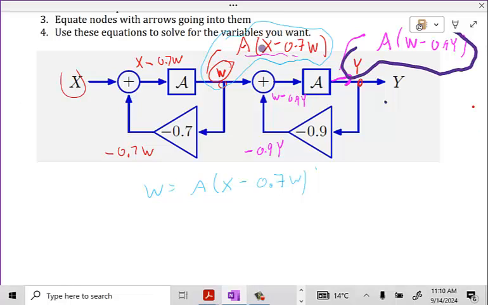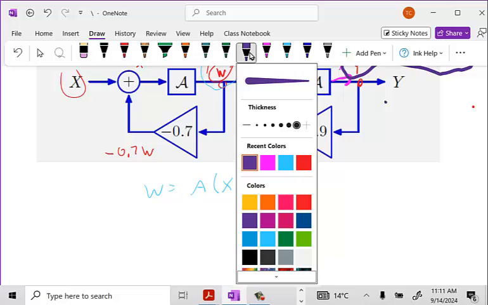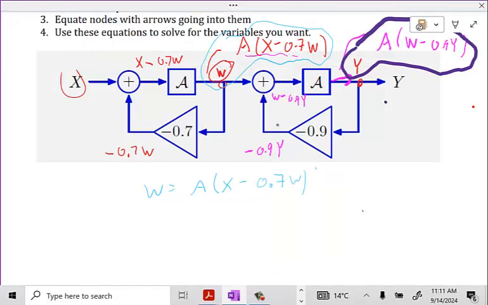It's a little bit thick, so let me thin it out before I write something. There we go. The purple equation is going to be y equals A times W minus 0.9y. Okay.